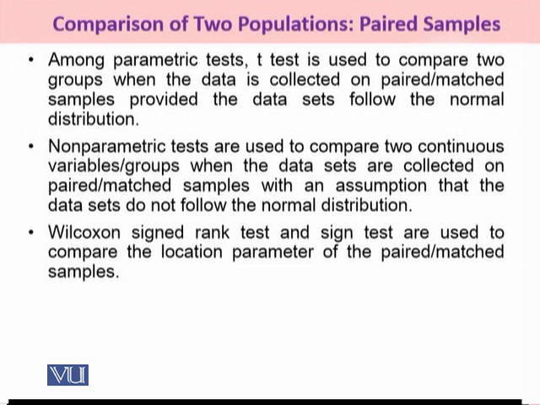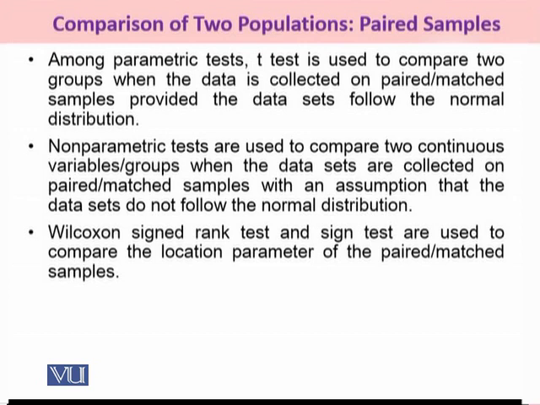If we have that type of data and we assume that both samples, before and after following the diet plan, are normally distributed, then we can compare the two population parameters using the t-test for paired samples.